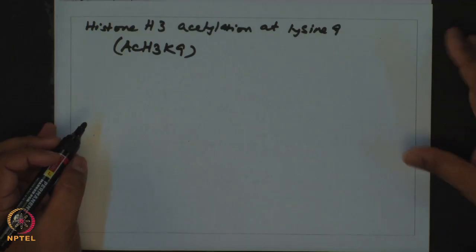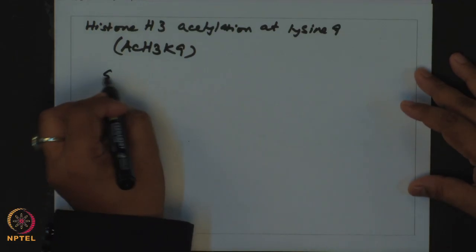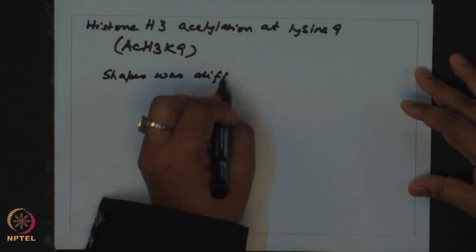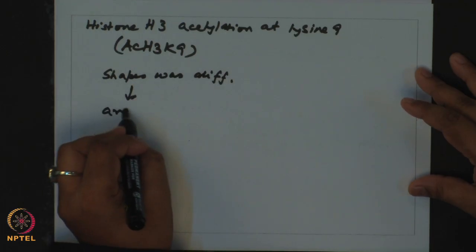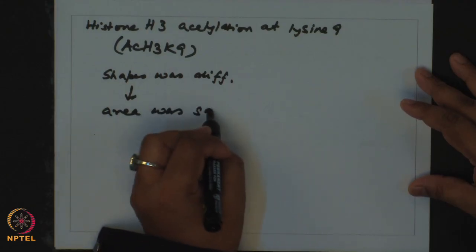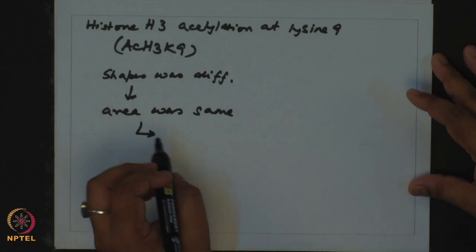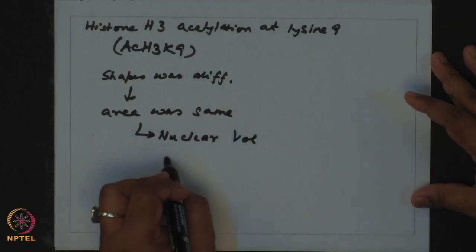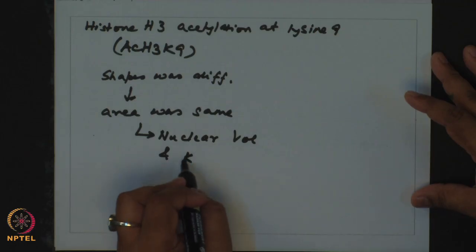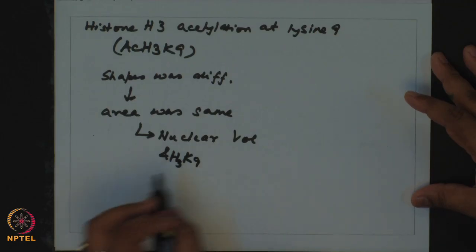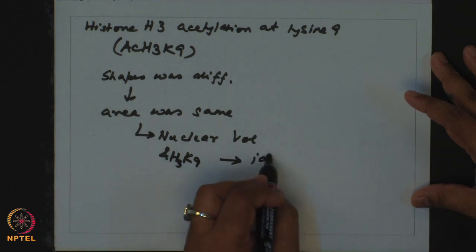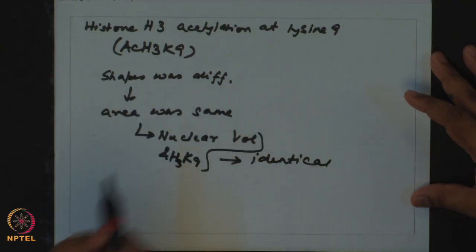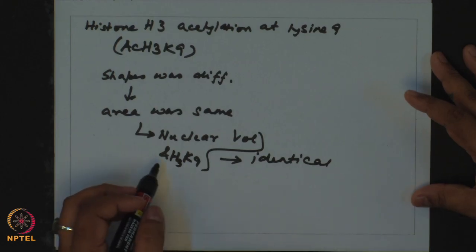What they observed was that when the shape was different, so long as the area was the same, the nuclear volume and H3K9 acetylation were identical. So, even though the shapes were different, nuclear volume and acetylation levels were identical.